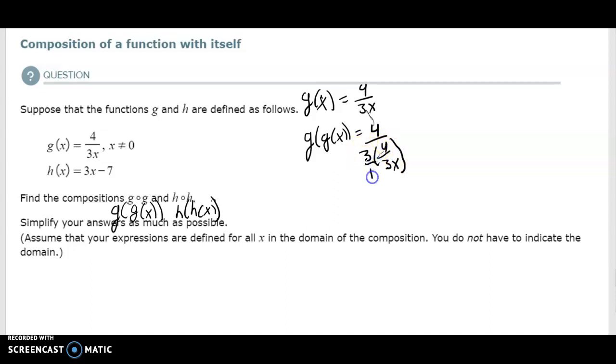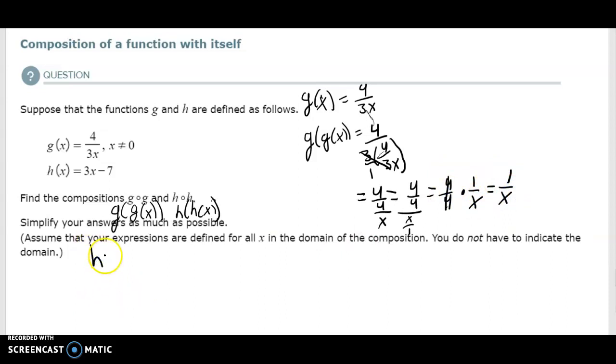Well, these 3's are going to cancel out. So I get 4 divided by 4 divided by x. And that simplifies. And I can think of this as 4 over 4 divided by x over 1. Which is the same as 1 over x.